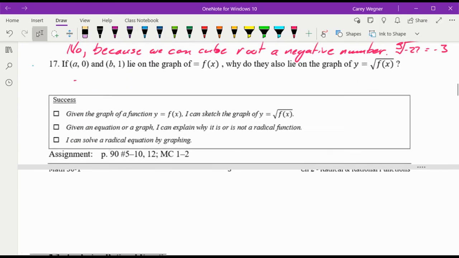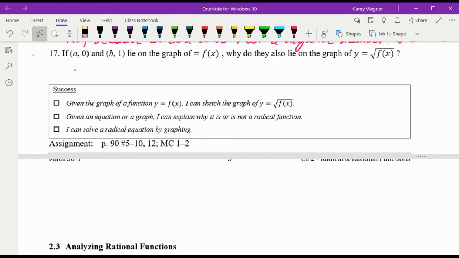Why do these 2 points lie on the graph of the original function? And it looks like we're missing a y here. It should be y equals f of x. Why do they also lie on the graph of y equals the square root of f of x? Well, whenever I look at an ordered pair, I'll have an x-coordinate, but then my y value is the f of x value.